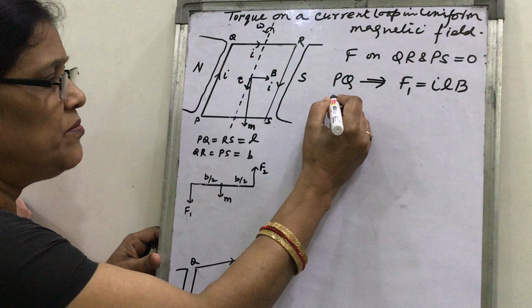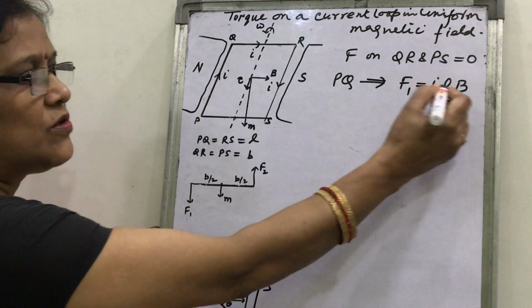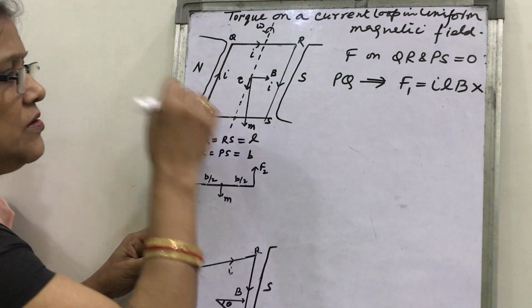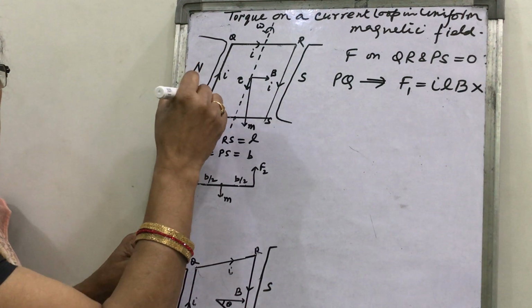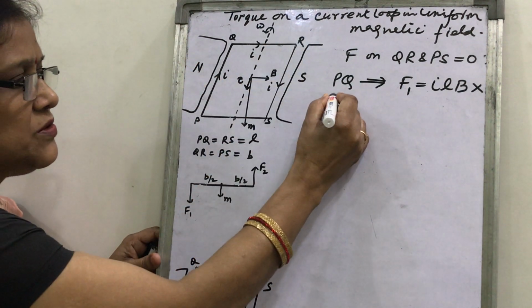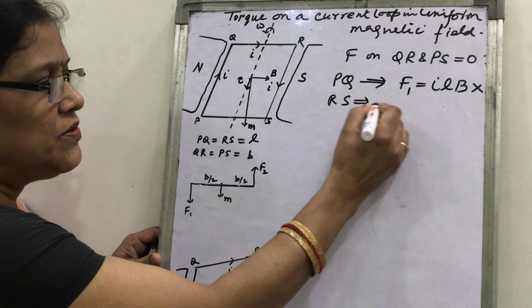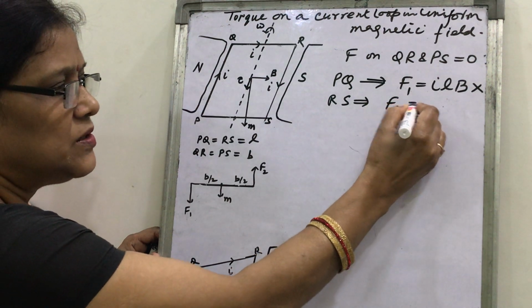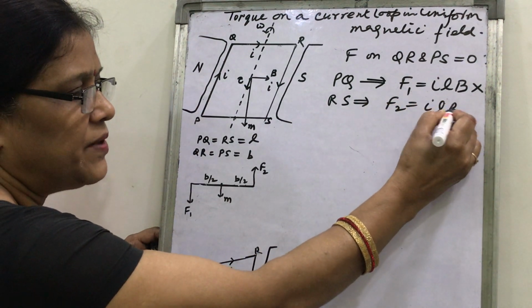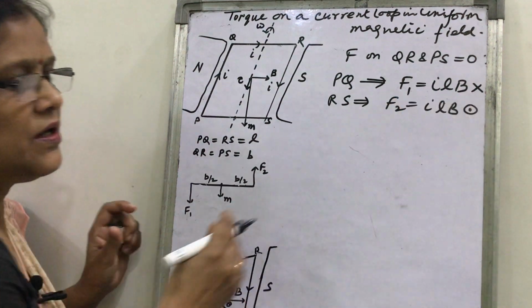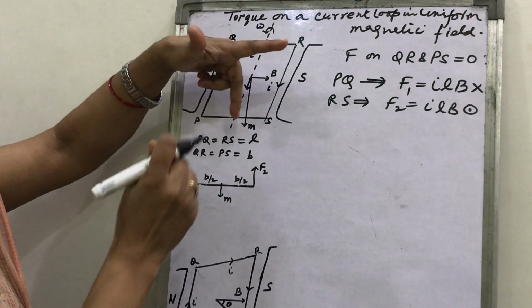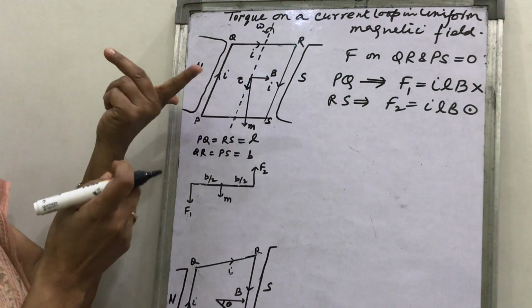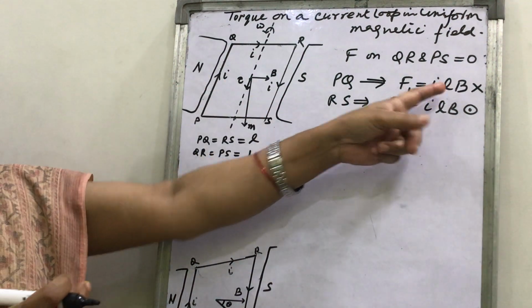Its direction is perpendicular to the plane, downward. And what about RS? In RS the force is F2, ILB, but the direction is upward. I have shown this direction upward, and here it will be opposite, so downward.